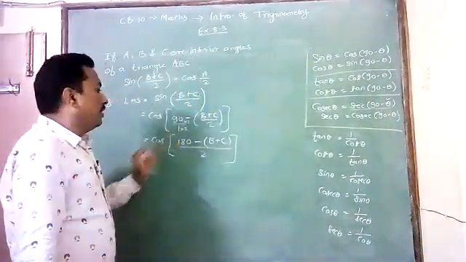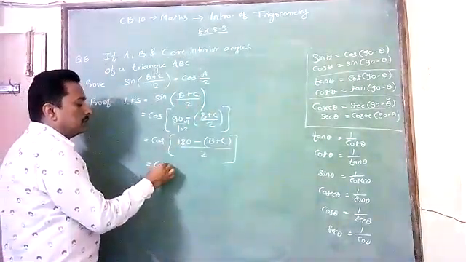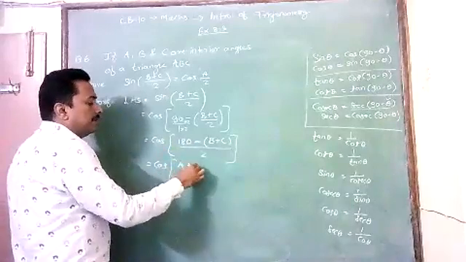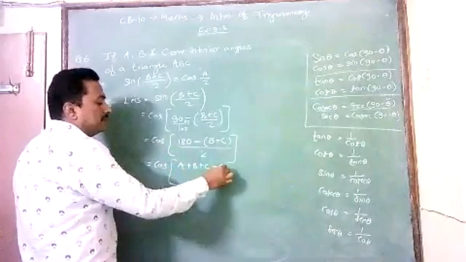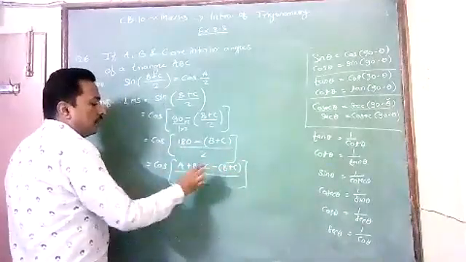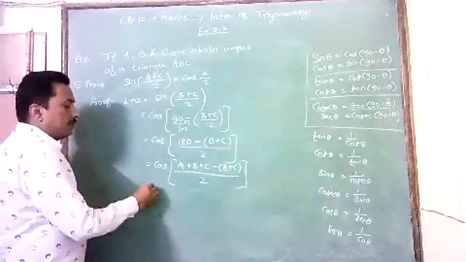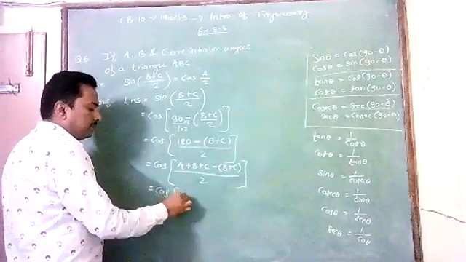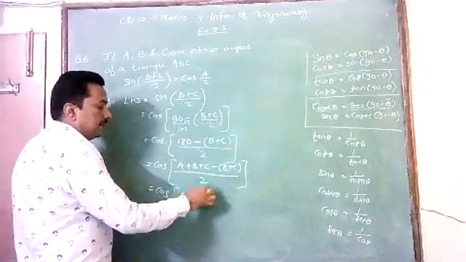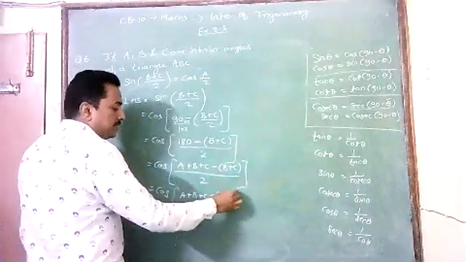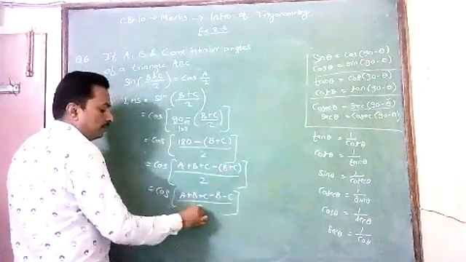So in the place of 180 we can write A plus B plus C minus B plus C upon 2. Now cos, open the bracket, A plus B plus C minus B, then both signs change, minus C upon 2.